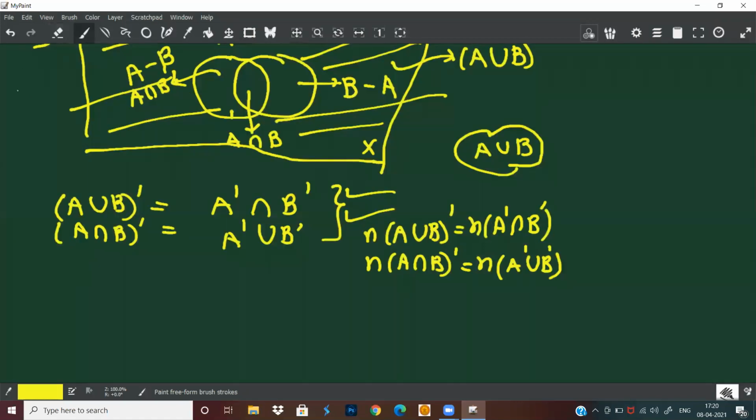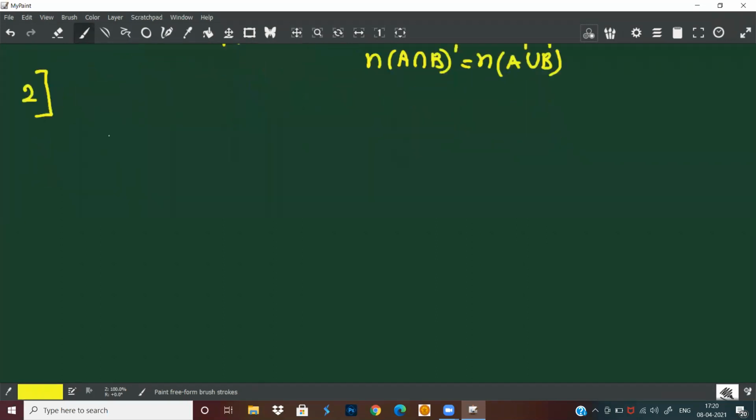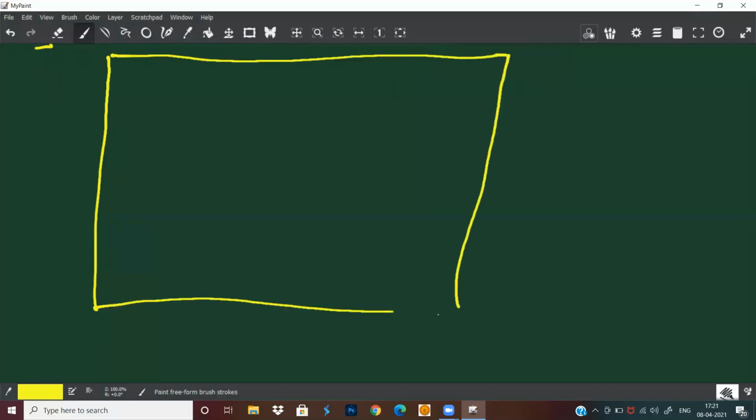Now I will go to the second type of Venn diagram. See, now you understand what I'm drawing. If there are three sets, yes, three. I still want a bigger one. This is A. Please excuse me for this.